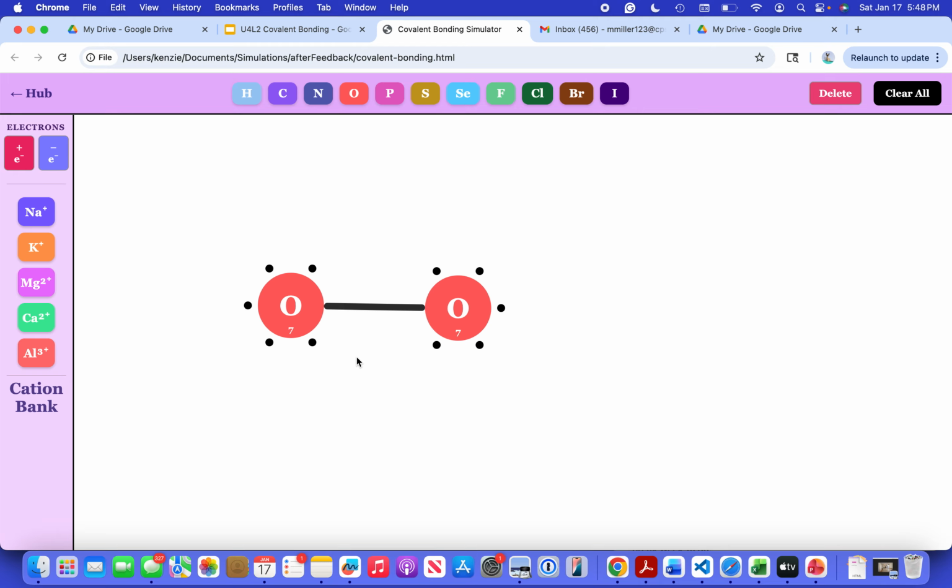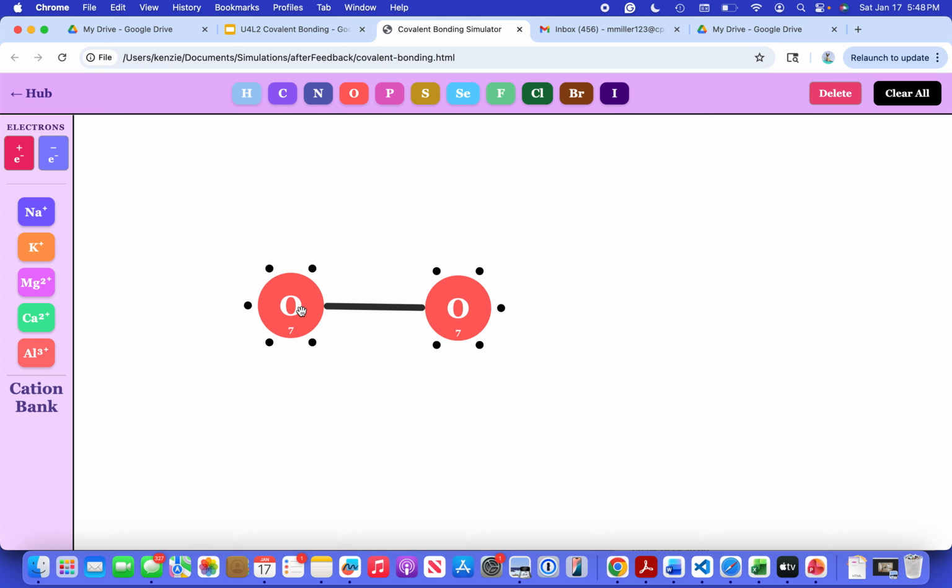But let's take a second and double check our math. So on this oxygen atom, I see 1, 2, 3, 4, 5 electrons. So where am I getting 7 from? Well, you get to count both electrons that make up the bond.